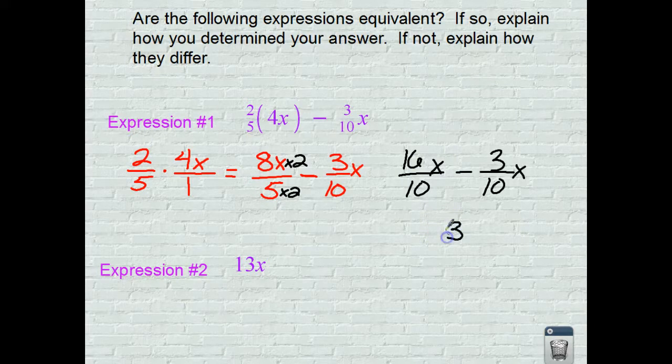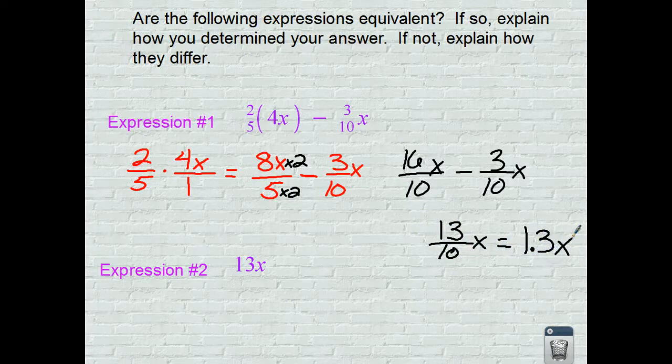All right, let's subtract our numerators. We're going to get 13/10 x. Is that the same as 13x? Well, if I were to simplify 13 over 10, we would divide the numerator by the denominator, and we would get 1.3x.